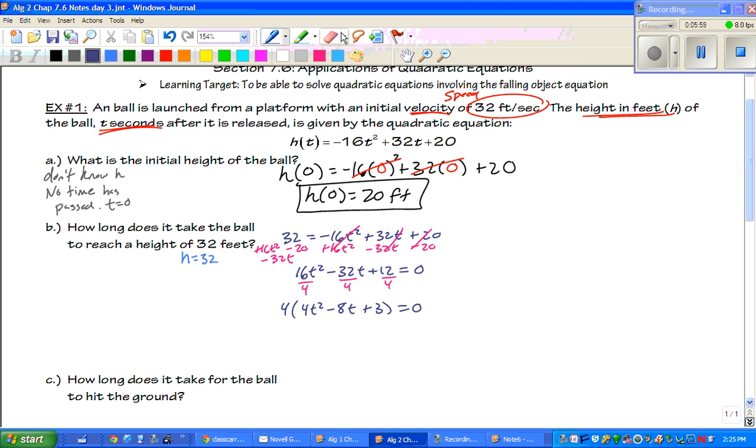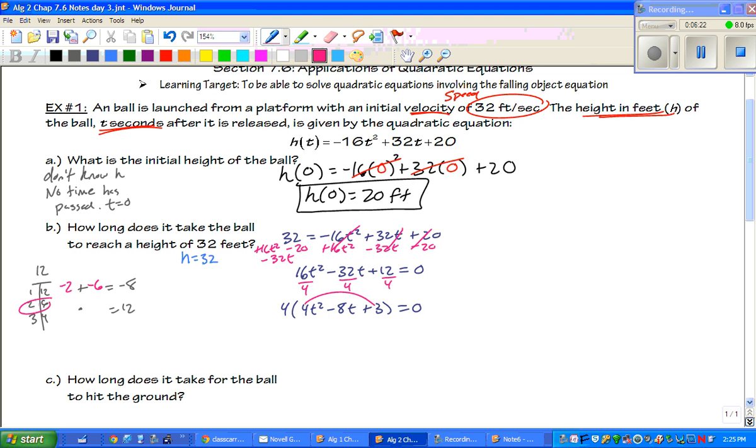Now, let's start to factor it. 4 times 3 gives us 12. Let's write all the factors. You're looking for numbers that add up to negative 8 and multiply to 12.